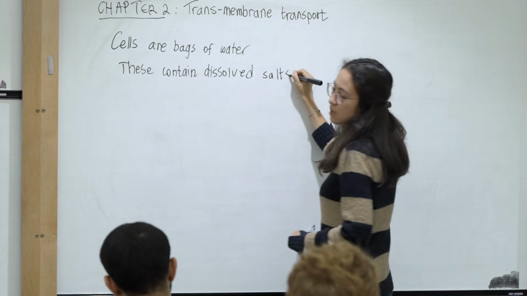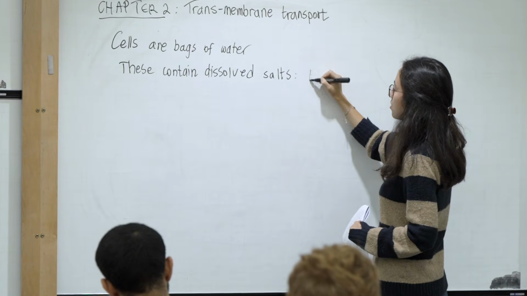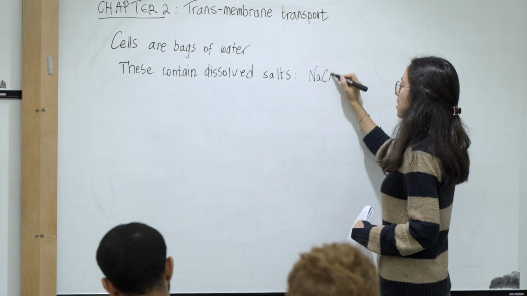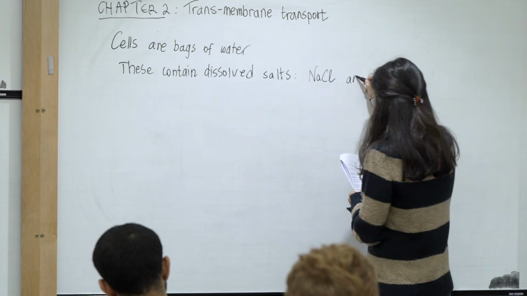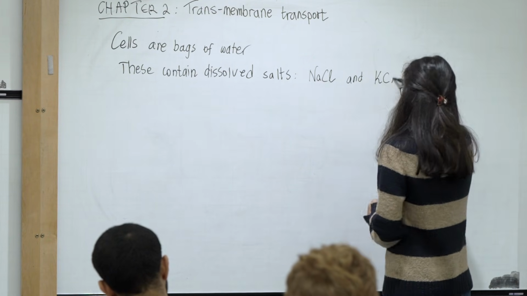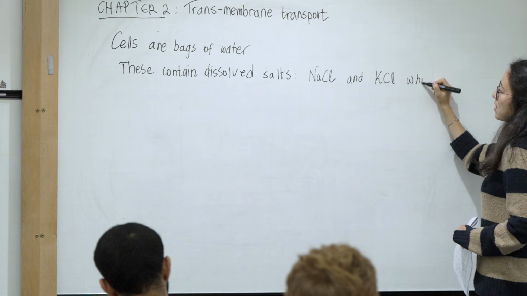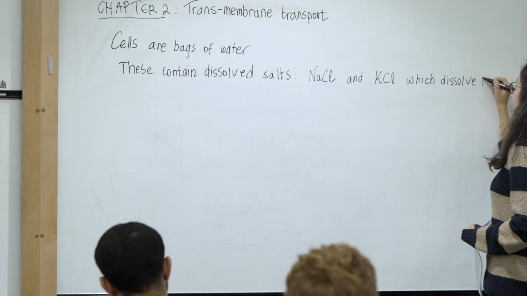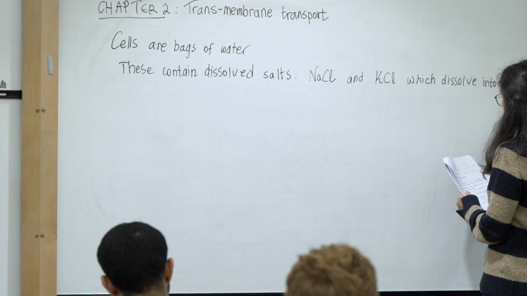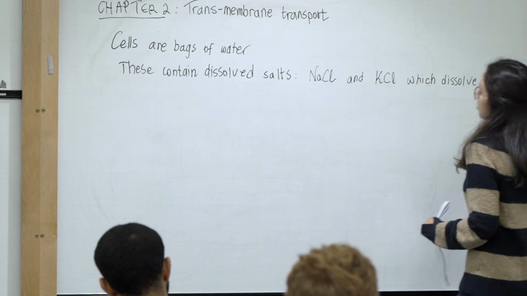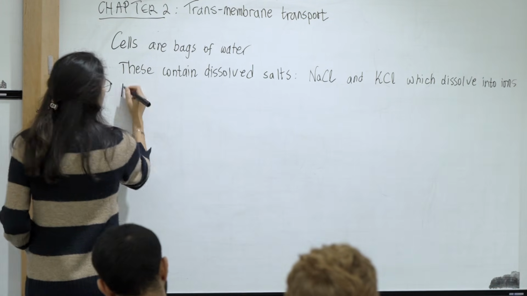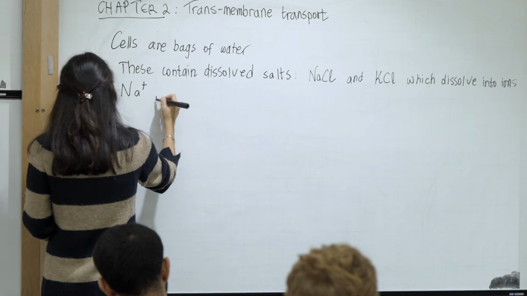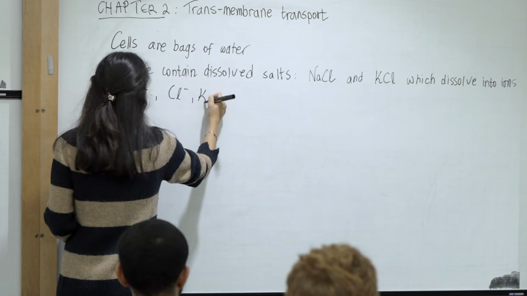Basically you can have different ions, but you can also have substances like sodium chloride or potassium chloride, which then dissolve into ions that also have charges, right? Sodium has a positive charge, chloride a negative one, potassium is plus.